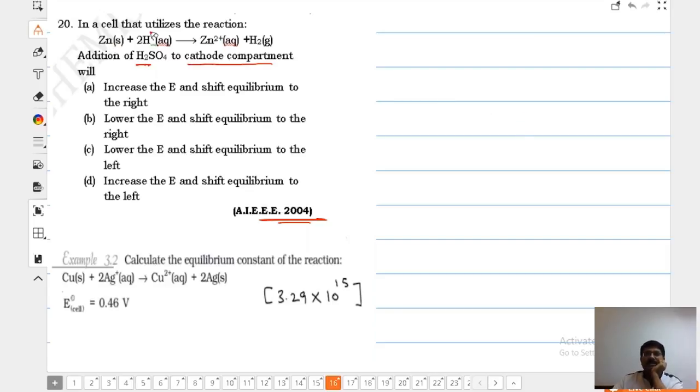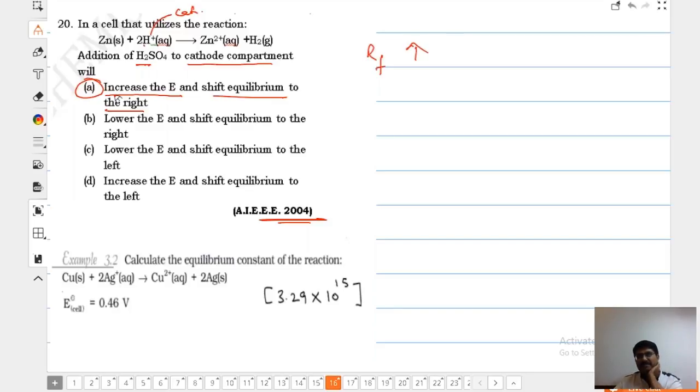Obviously this is being oxidized, so this is being reduced, so this is the cathode compartment here. You are increasing H plus, so the rate of forward reaction increases. So A seems to be correct: increase and shift equilibrium to the right. Such a basic fundamental question. 4 marks. You got it.